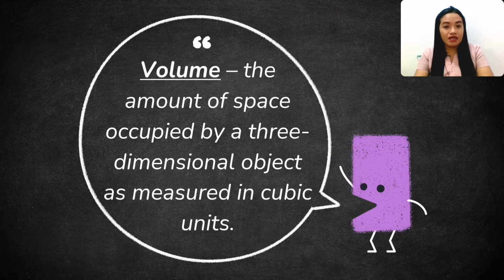So pag sinabi nating volume, learners, volume is the amount of space occupied by a three-dimensional object as measured in cubic units. So, ibig sabihin, for example, meron ako ditong container or water container, which is, ito ay isang uri ng cylinder or space figure or solid figure.